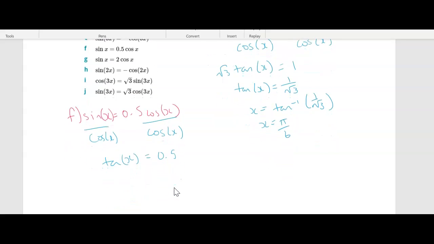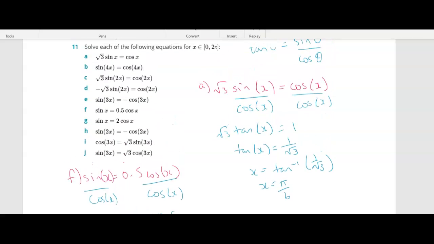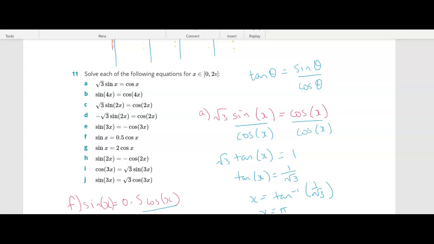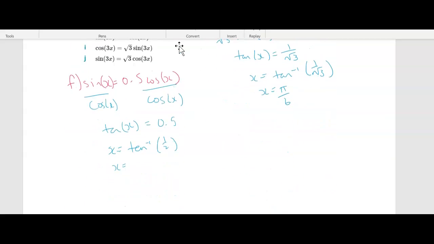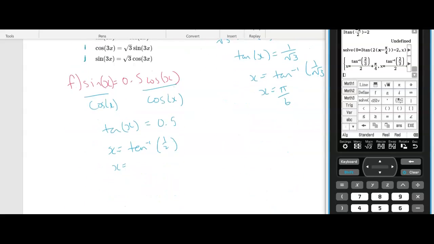A half is not an exact value for tan, so we do have to do it on the calculator. So we just do inverse tan of a half. And I just realized, because I checked the solutions, I haven't been considering the domain. Silly me. So I had to consider our domain. I might go back to question A in a sec, but let's do f on the calculator.